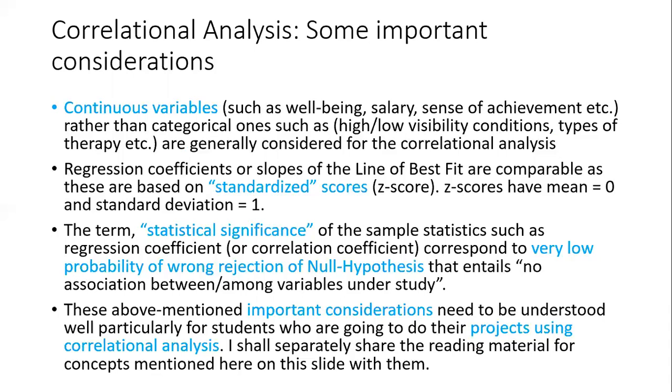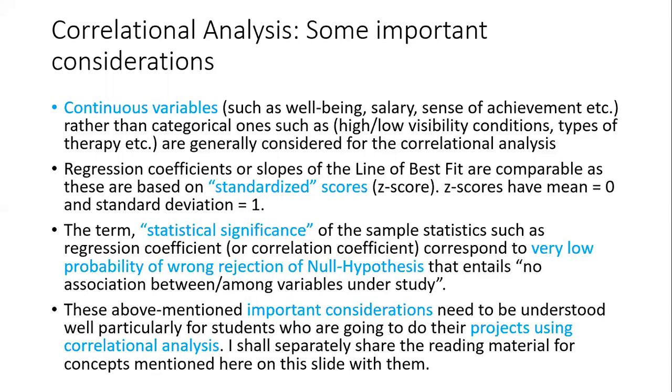Okay, so the term statistical significance that we utilized, particularly in the mediation analysis, and which is also utilized in other analyses that we saw, although we didn't mention it there, in correlation coefficient or bivariate or multiple regression analysis, yet it's important that we understand that.